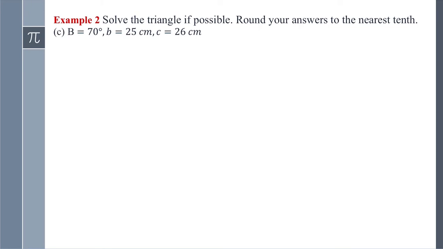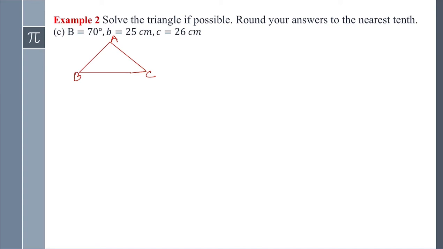Now let's look at another example here. Let's go ahead and draw the triangle. So let's say this is A, B, and C. Let's write what we are given.